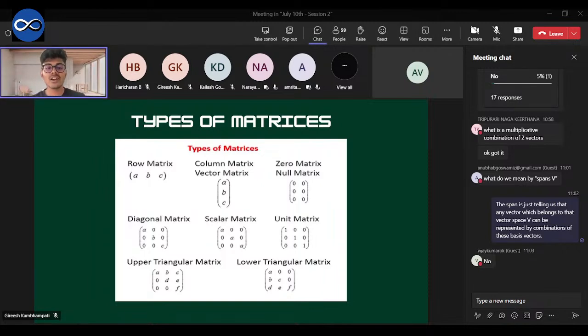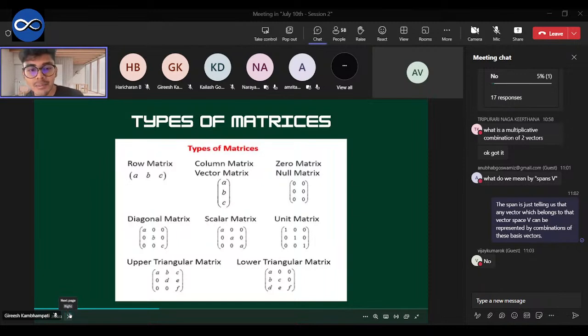Then we have the upper triangular matrix, where all the elements above the diagonal, including the diagonal, are non-zero, and the elements below the diagonal are 0. You can see here these three are 0.